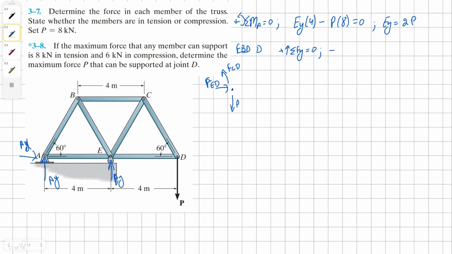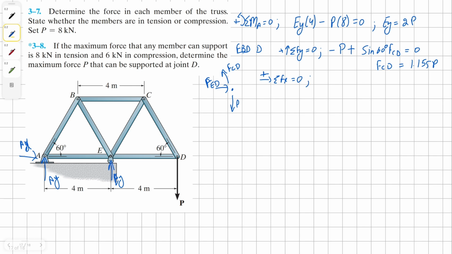We're going to have negative P, and we're going to have positive vertical component of CD equals 0. Also for CD, we get our solution as 1.155P.